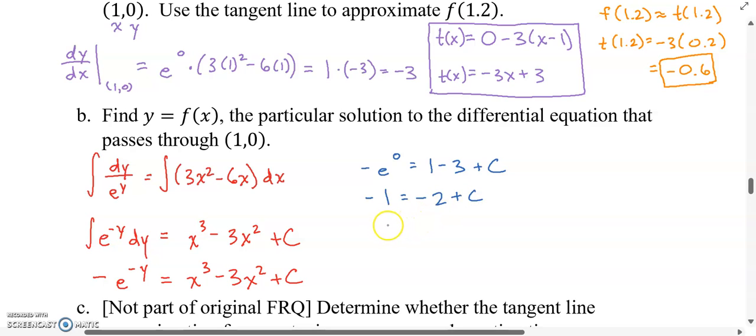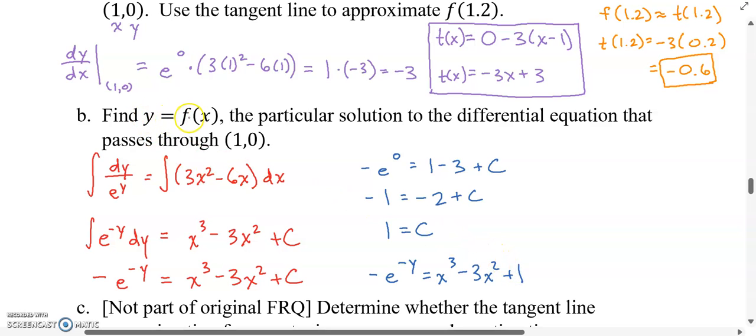When we add 2 to both sides, we get c equals 1. So the particular solution in this current form is negative e to the negative y equals x cubed minus 3x squared plus my c value of 1.